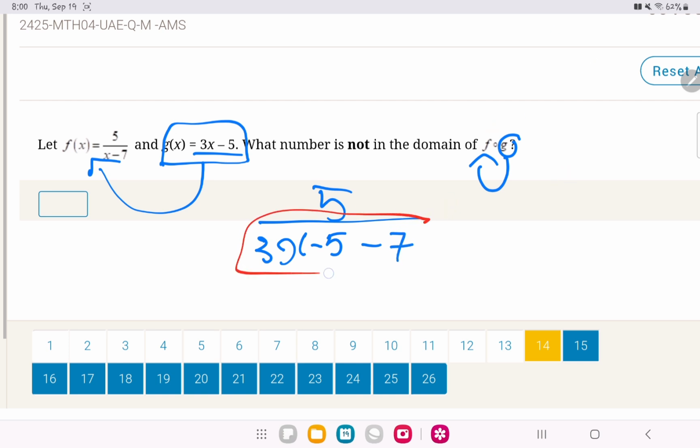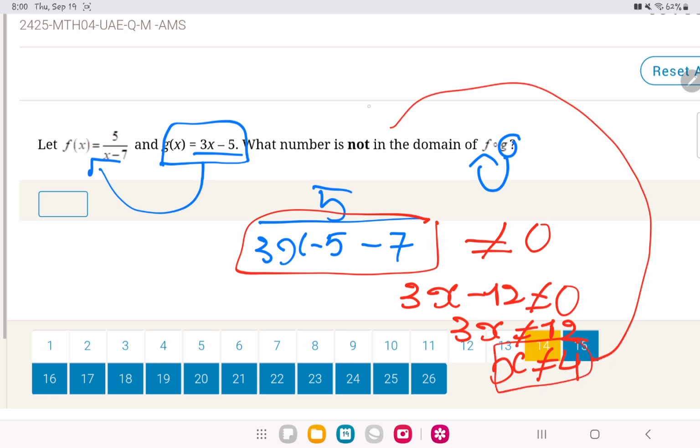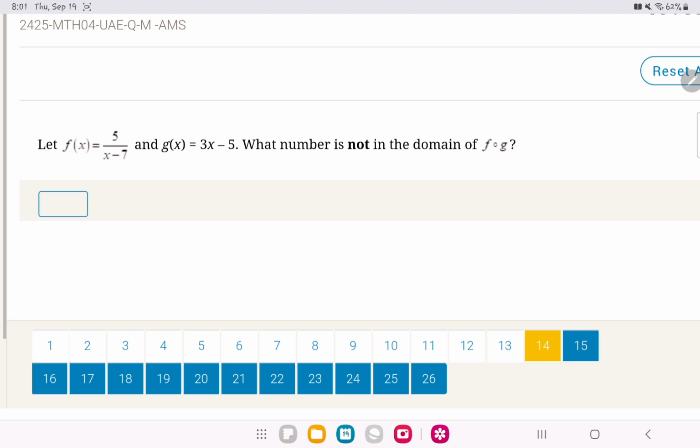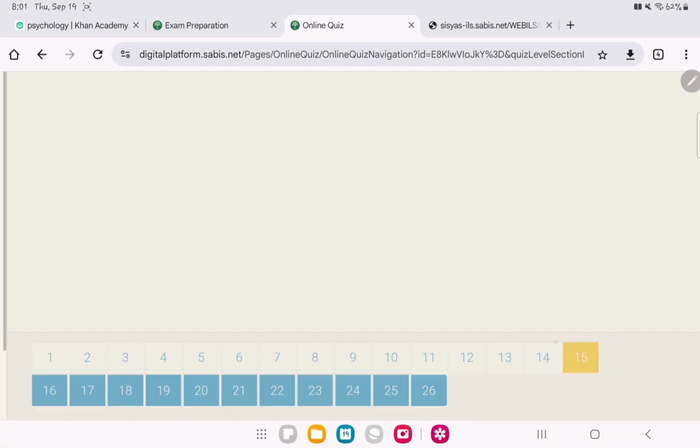We have a fraction, so we take the denominator different than 0. Then we have 3x minus 12 different than 0. 3x different than 12, x different than 4. So it's all the real numbers except for 4. So 4 is not in the domain of f round g.